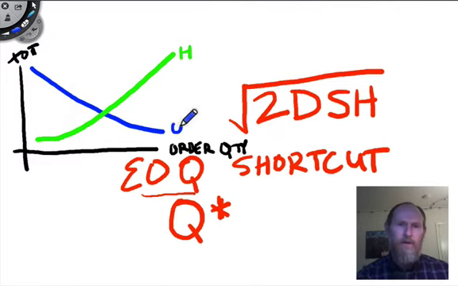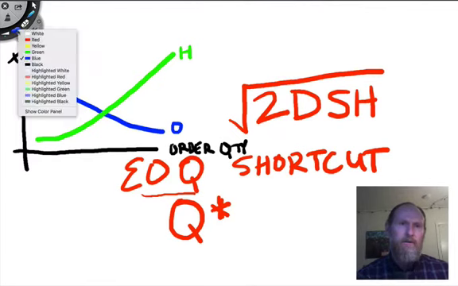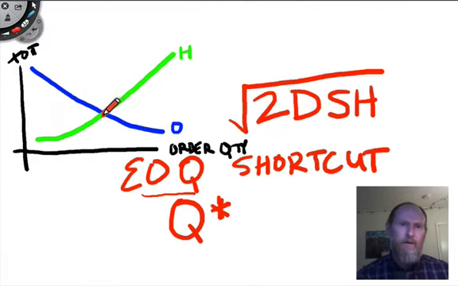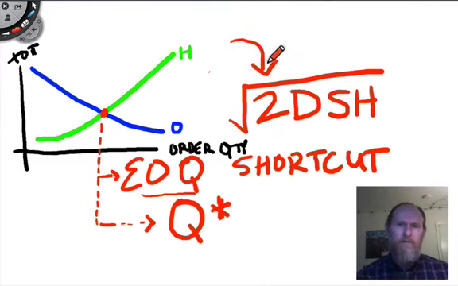This is ordering cost. EOQ is that point at which they equal each other. Okay, and this quantity here refers to this quantity here. And it is only at this point that we can use this formula. So on this next screen, I'll show you why that is so.